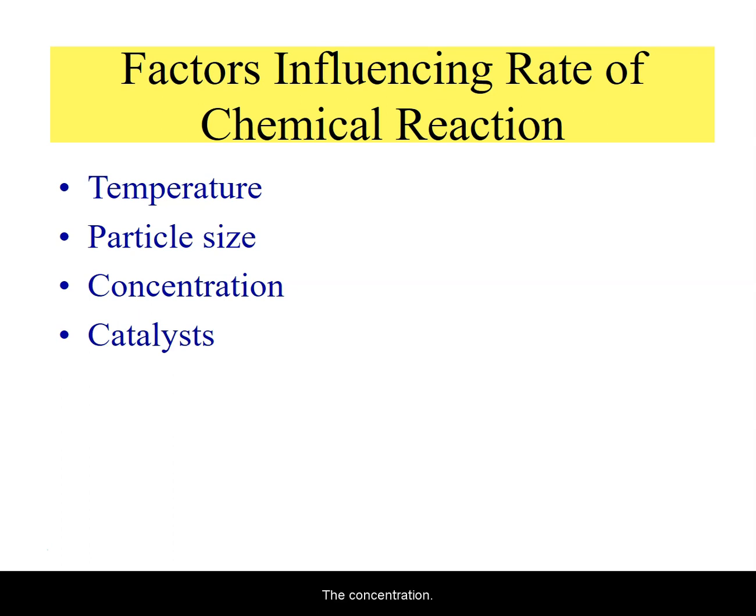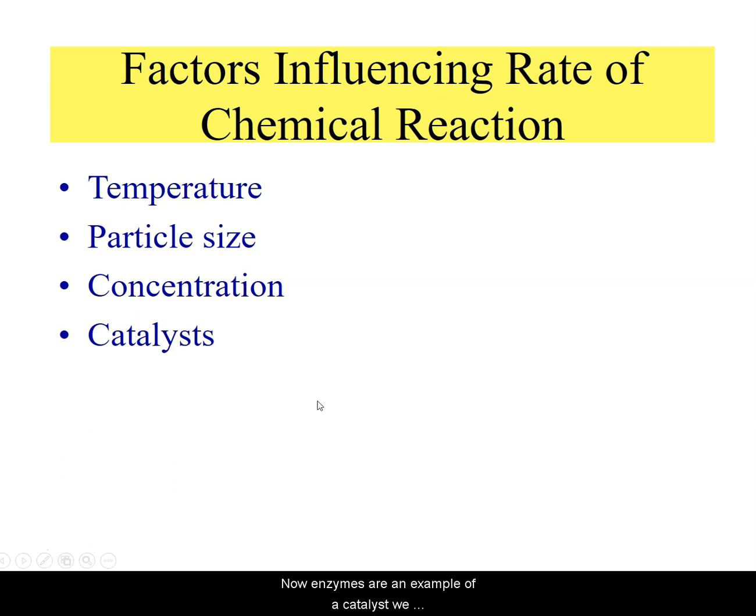The concentration of a substance can influence the reaction rate. A catalyst. Catalysts are interesting in living systems. They're very important. They're substances that increase the rate of chemical reactions. But what's interesting about catalysts is that they do not become chemically part of the products in the reaction.